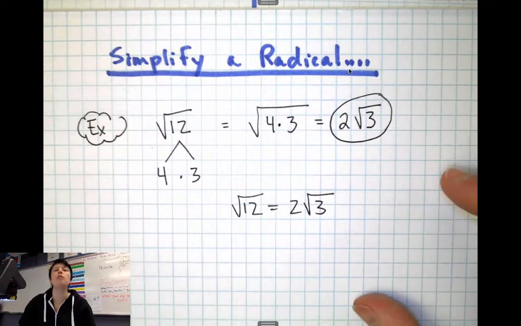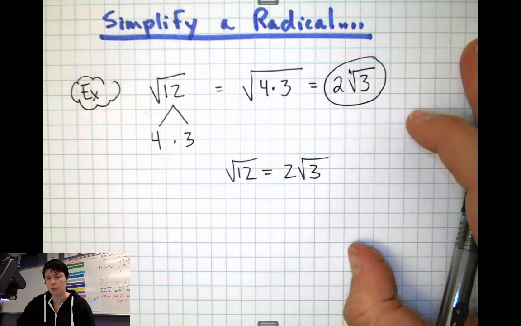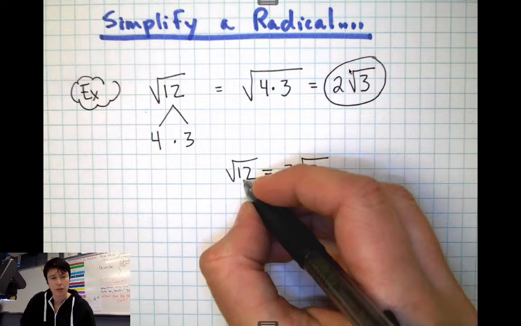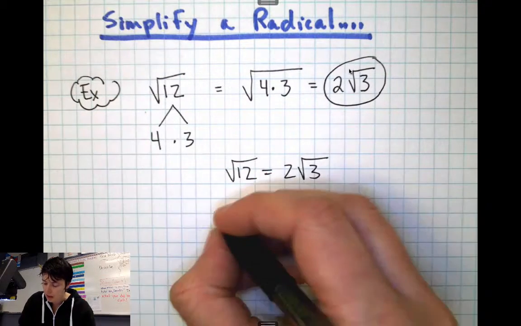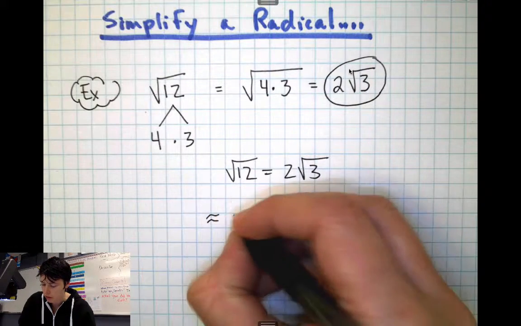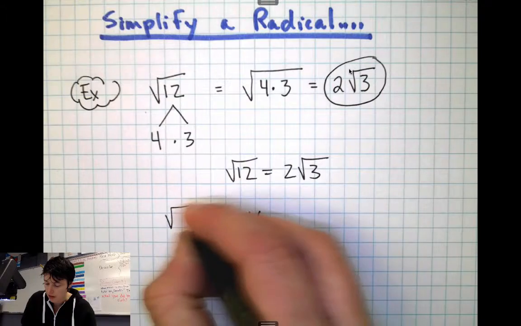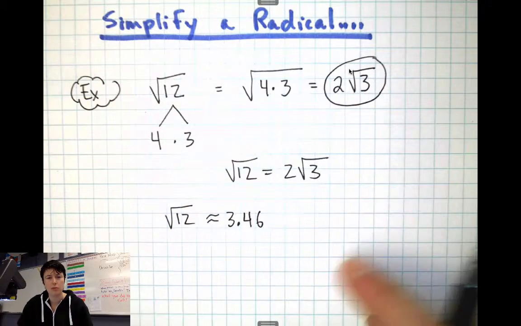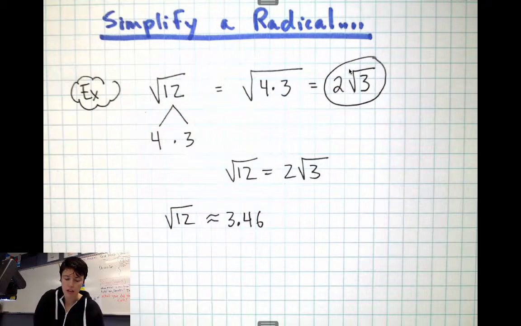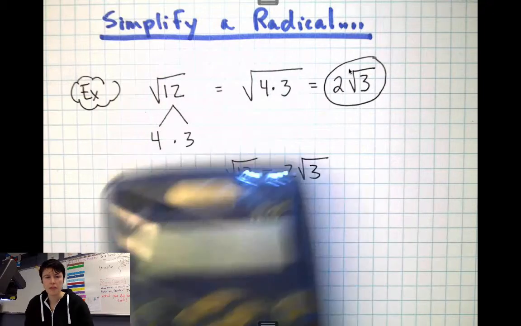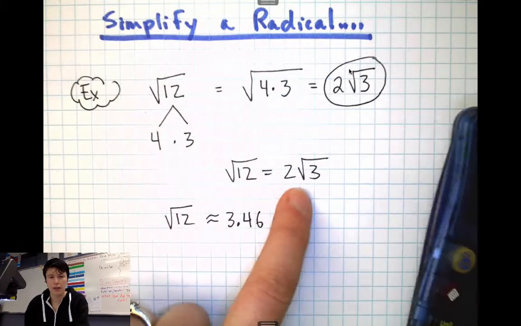Now, here's how I'm going to prove that I'm right, to kind of show that I know what I'm doing. Remember, we did the square root of 12 on our calculator, and we said it was about equal to 3.46. Remember that? So I'm going to write it down. Radical 12 is about equal to 3.46. Well, now on my calculator, I want to figure out this 2 radical 3.